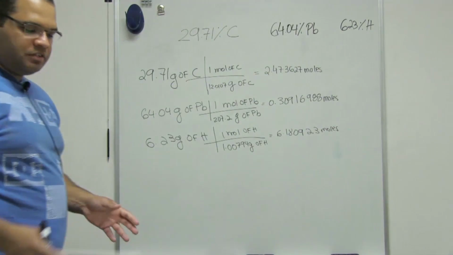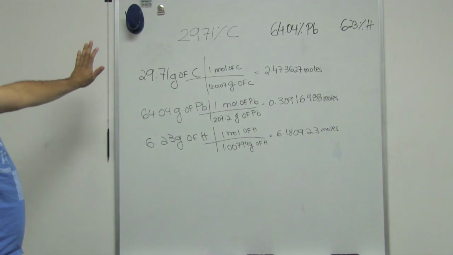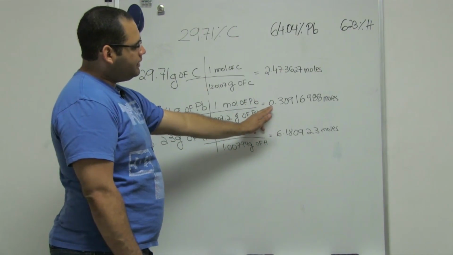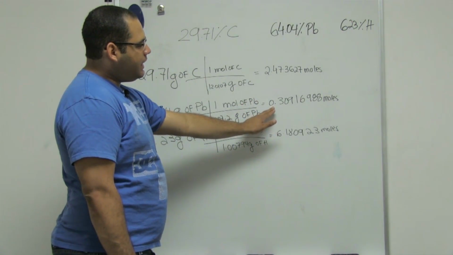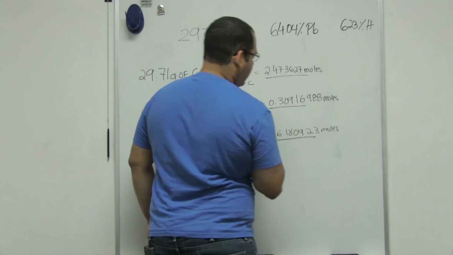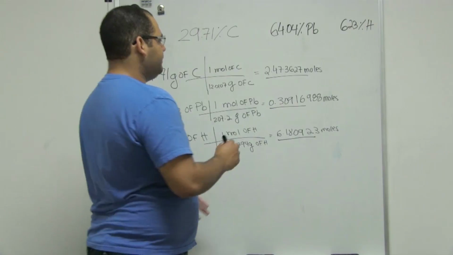Now that I have the moles of each one of my specific elements, I look at it and I say, well, this one here has the smallest number. Because it has the smallest number, I divide everybody by the smallest number.